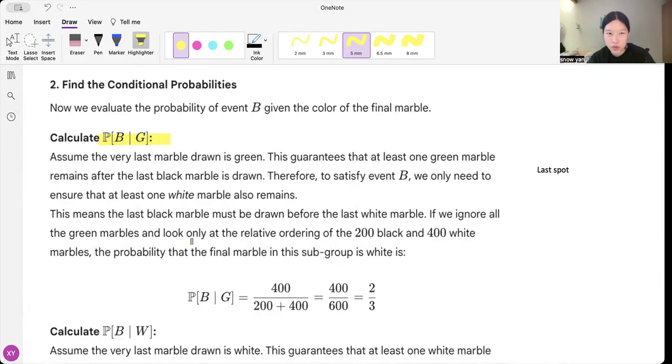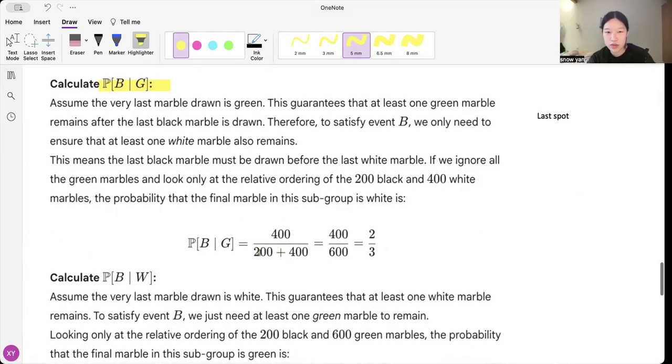For the last white marble, we just take out all the greens, so we have only black and white. Then the last spot of that has to be white in order for this to work, because if a black was at the end, then no white was at the front. And if a white is there, it definitely satisfies no matter how many other sequences there are. So the last marble has to be white. There are 600 marbles, since 200 plus 400 is 600, and 400 whites, so that's 2/3.